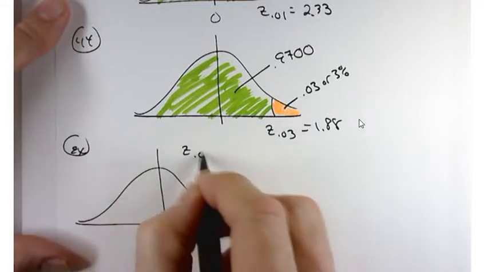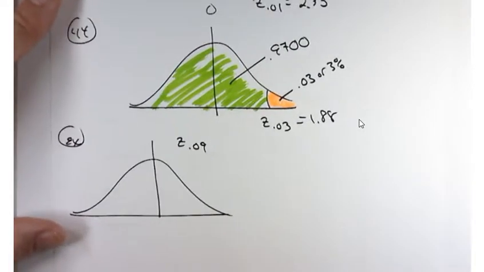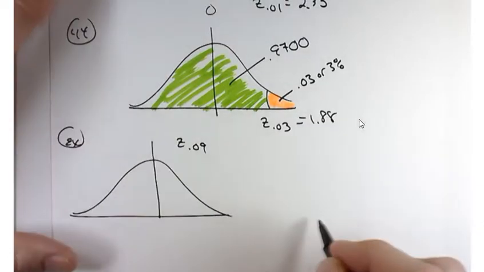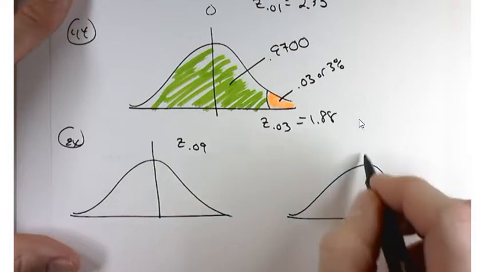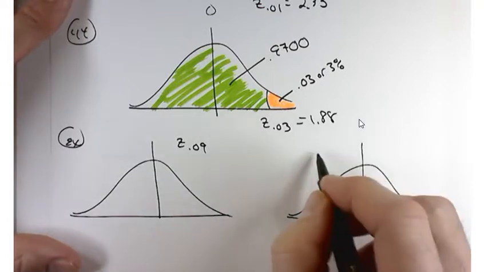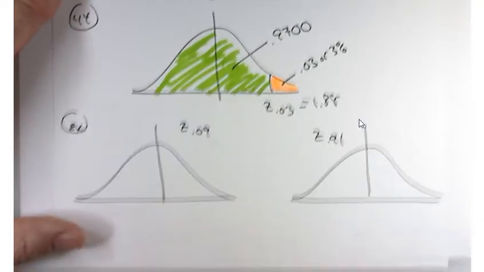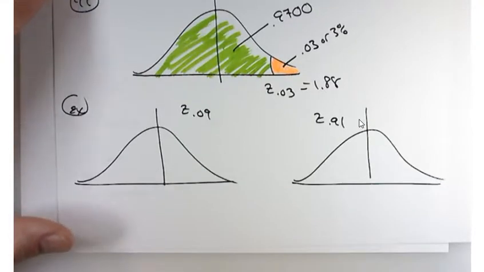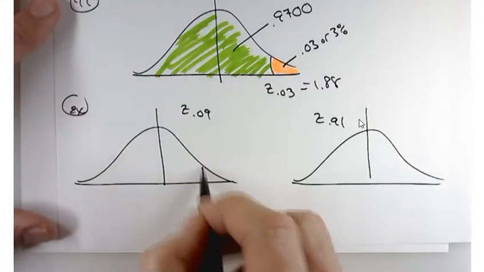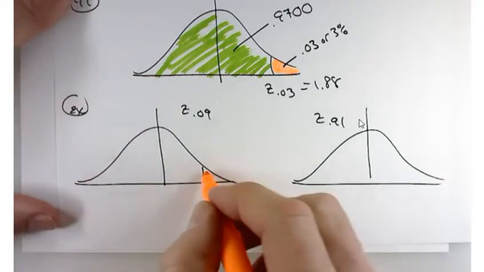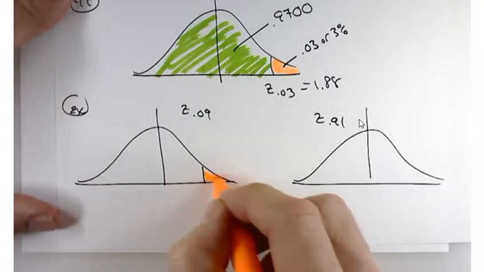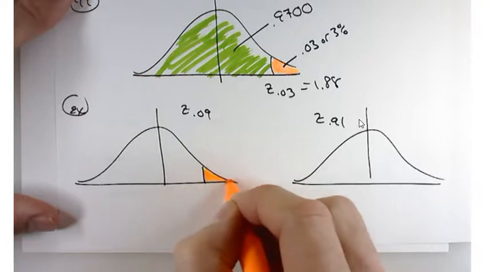Z sub 0.09, and then Z sub 0.91. I'll give you a hint. If you do the first part, you get the second part pretty much for free.